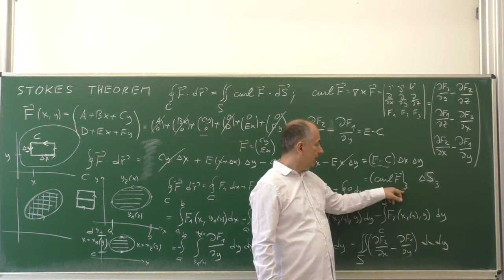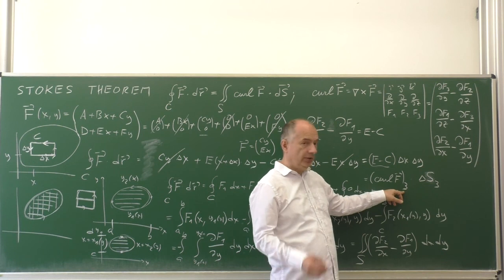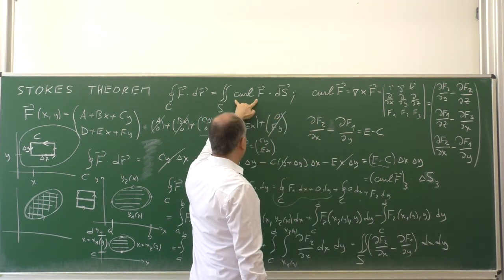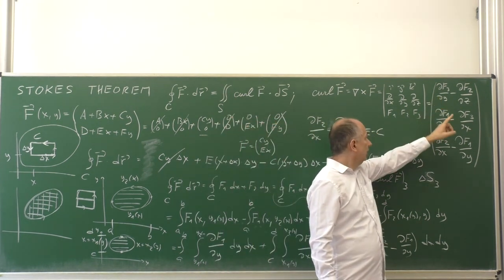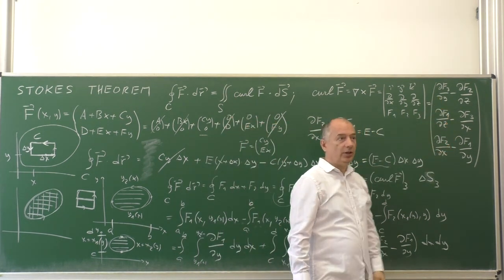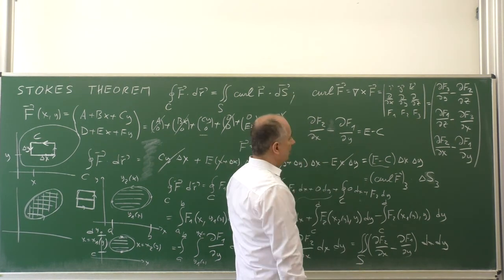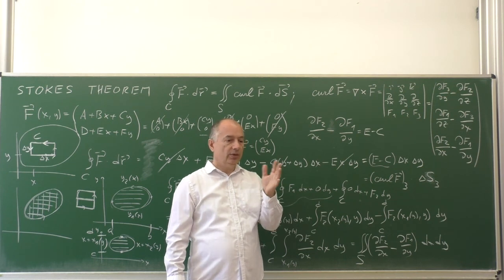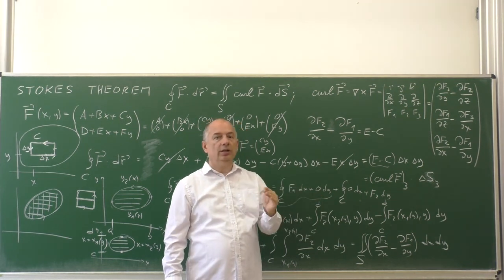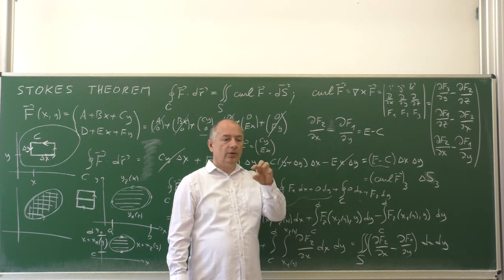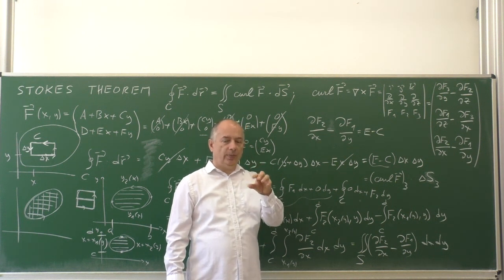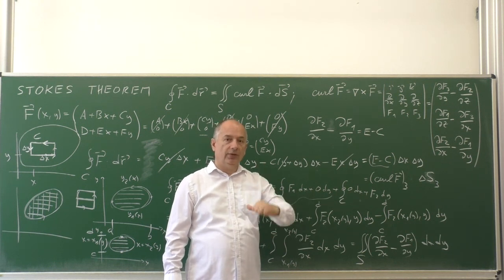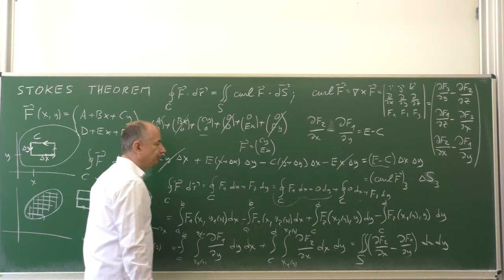And if we add these three contributions, these three products, then we get the dot product of curl of f with the first component here, the second component here, and the third component here, times ds, where ds is the vector with components ds1, ds2, ds3, with elements of the surface having the normal parallel to the first, second, and third coordinate axis.